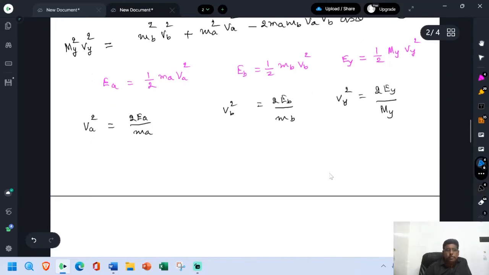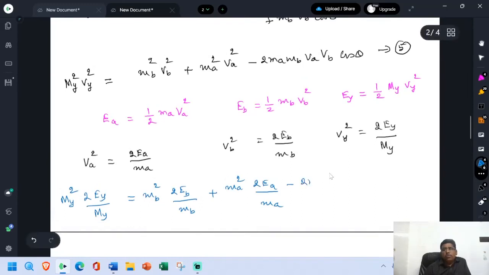Now we have to substitute all these values in equation 5. Now it becomes My square, with Vy square being 2 into Ey by My, equal to Mb square, with Vb square being 2 into Eb by Mb, plus Ma square into Va square, where Va square is 2 into Ea by Ma, then minus 2 Ma Mb, with Va being the root of 2 Ea by Ma and Vb being the root of 2 Eb by Mb.